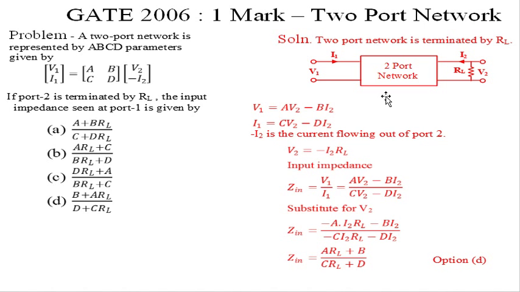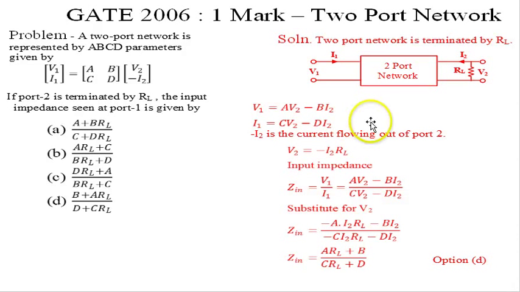We notice the ABCD parameters are also called transmission parameters, and one very important feature is that V1 and I1 at one port are related to V2 and I2 at the other port. You can see V1 is given in terms of the parameters at the output port, and similarly I1 is given in terms of the voltage and current at the output, or second, port.